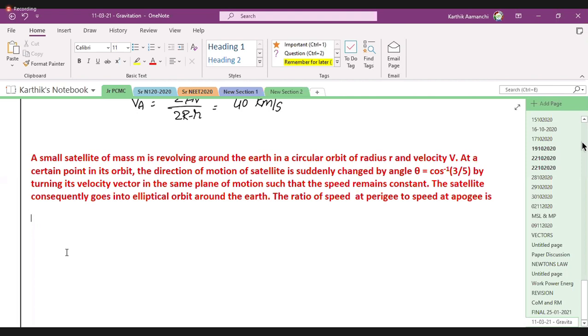Please go for conservation of angular momentum and conservation of linear momentum.